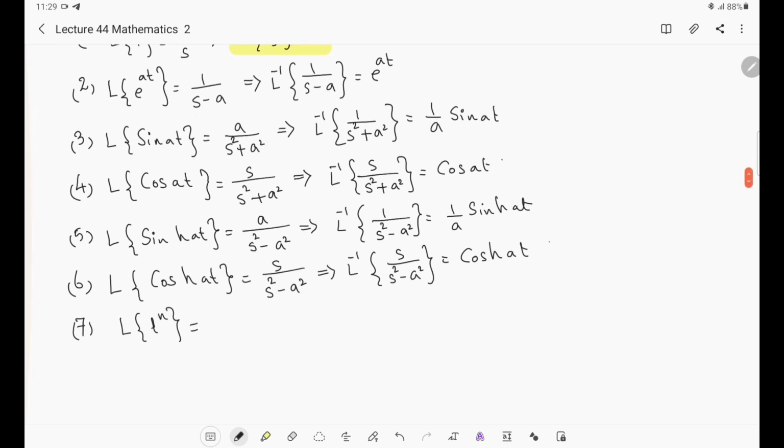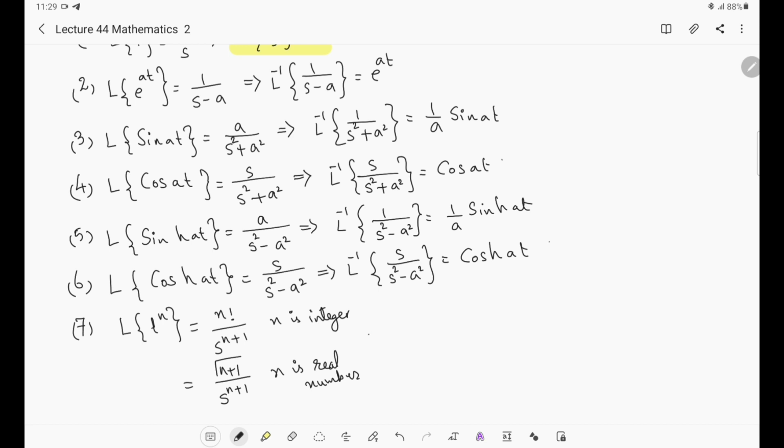Now the seventh formula that we have seen is Laplace transform of t power n, which is given by n factorial by s power n plus 1 if n is an integer, or gamma of n plus 1 by s power n plus 1 if n is not an integer, that is, n is a real number except integer.